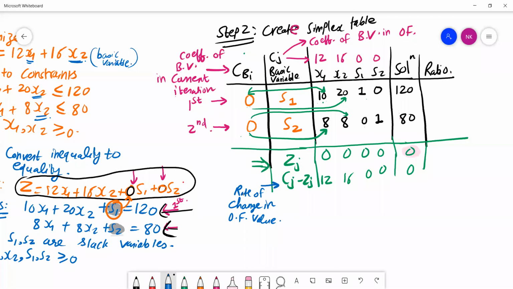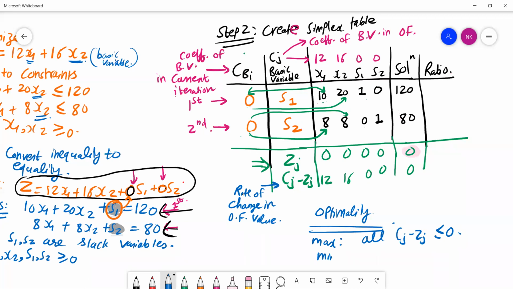Why? Because there comes the condition of optimality. Now, this is a very important condition, optimality. The condition of optimality says that for any maximization problem which you are dealing with, all Cj minus Zj should be less than or equal to 0.